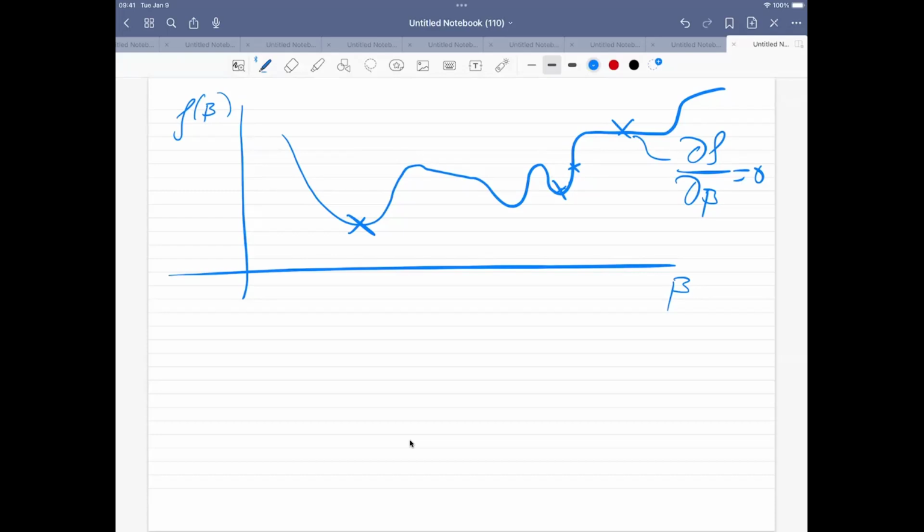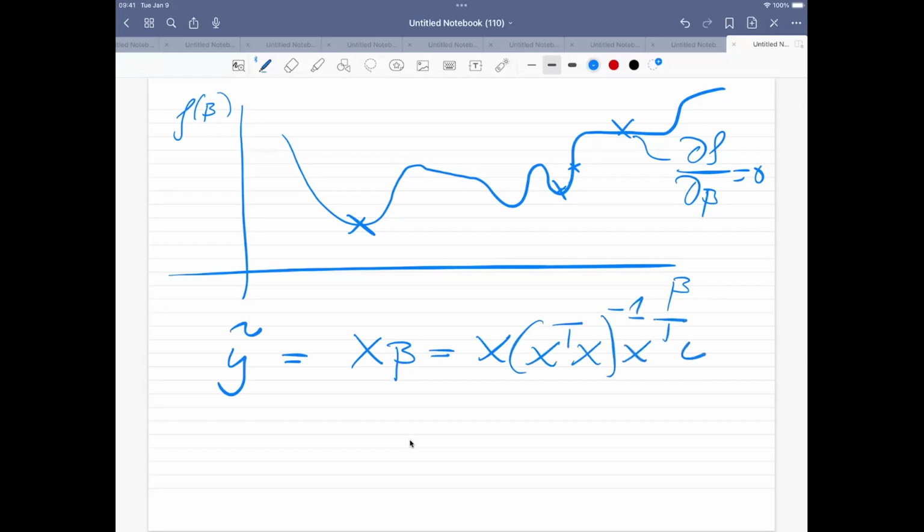Okay, so the step which I wanted to say a little bit about is now the understanding of the final expression. So what we had is y tilde, which is equal to our model x times beta, which then is the same as x times x transpose x inverse times x transpose times y.